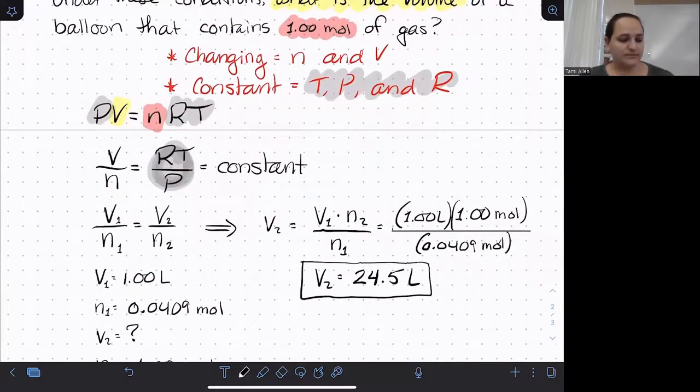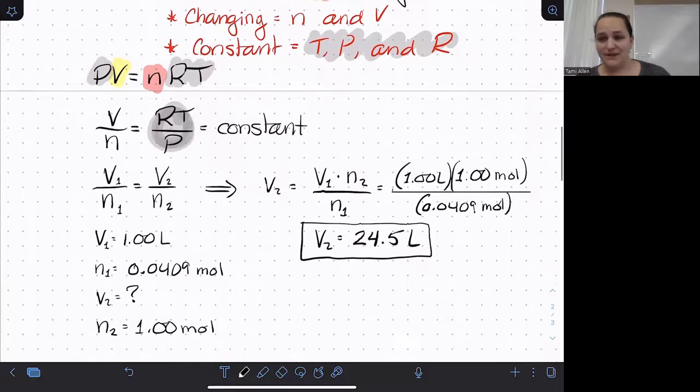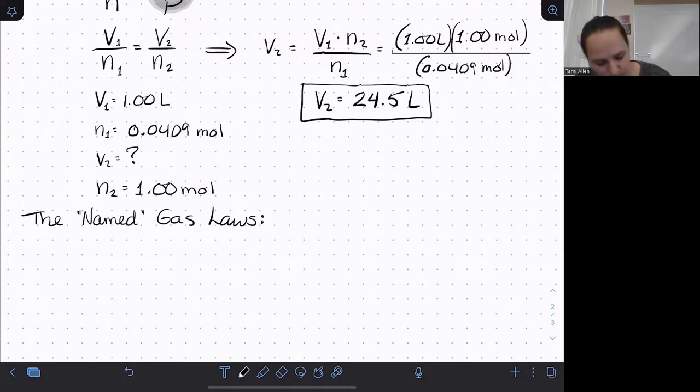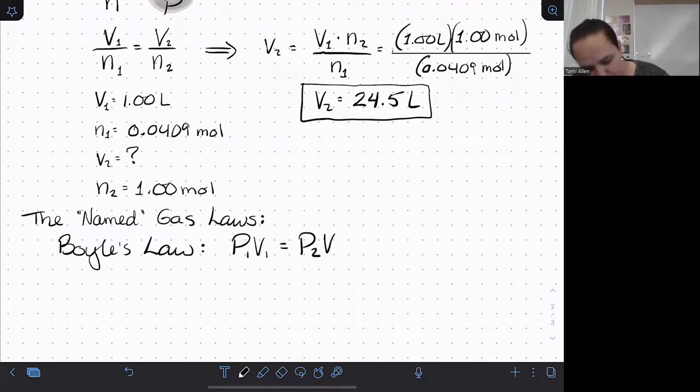So there are technically some combinations of these that have special names. I am not interested in you knowing the names personally, but there's something that you may see at some point. So there's Boyle's law, which is the relationship between pressure and volume. P1 V1 equals P2 V2.